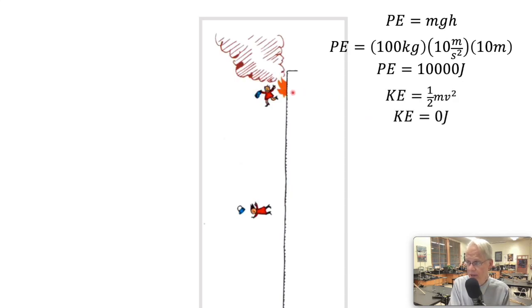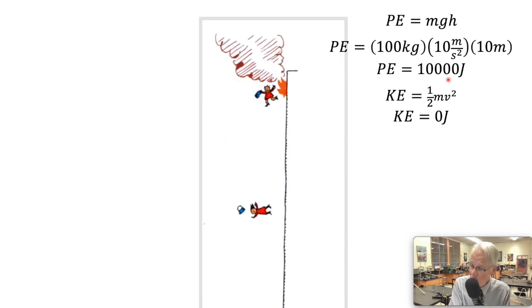What's going to happen as she falls? She's going to gain kinetic energy because of her increasing velocity. She's going to lose potential energy because the height above the ground is getting less and less.